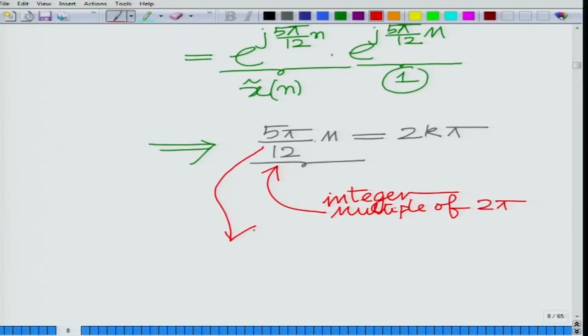Which implies that m equals, well, you can cancel the pi, so m equals 24 times k divided by 5.